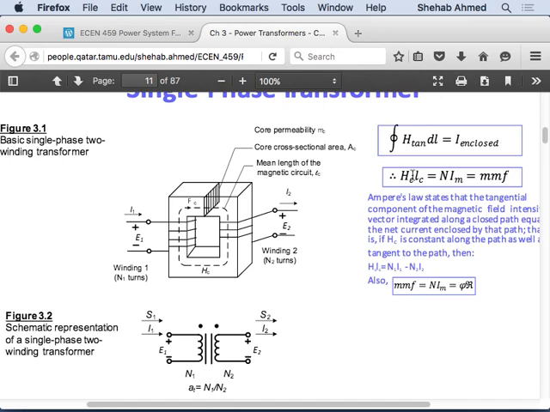So for now, let's say H.dl is equal to I enclosed, where L is the length of this path here, and H is the magnetic field intensity. This we will call the magnetomotive force. So this is equal to N times some current. This current here is equal to I enclosed. I enclosed is now the difference.